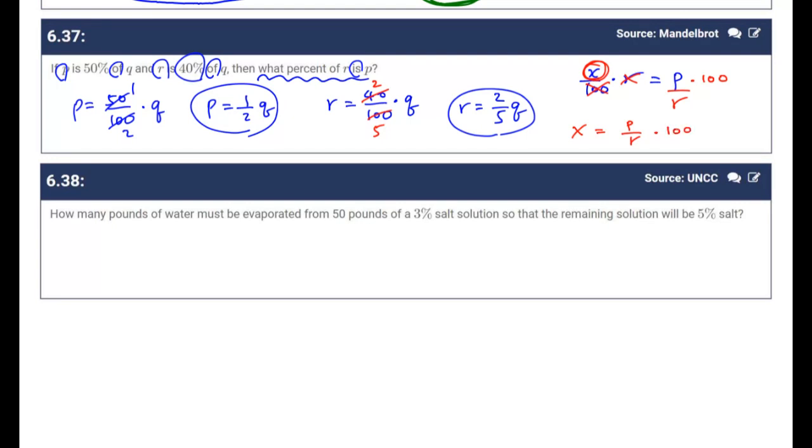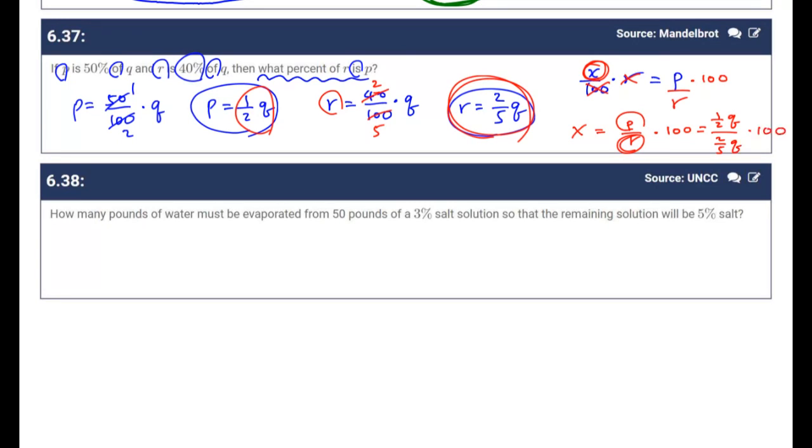And we know P is what? 1/2 Q. And we know R is 2/5 Q, right? So R will be replaced with 2/5 Q and times it by 100.